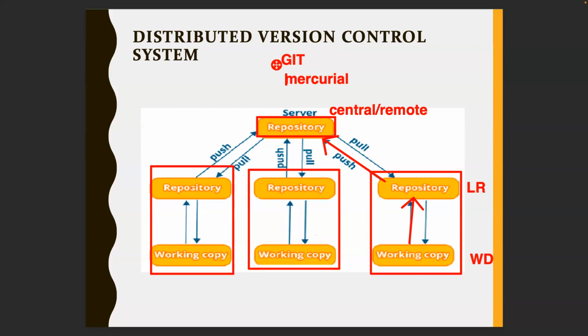Mercurial falls under this kind of distributed architecture, and centralized version control systems are SVN, TFS, Perforce. Git, Mercurial, Fossil fall under distributed architecture.